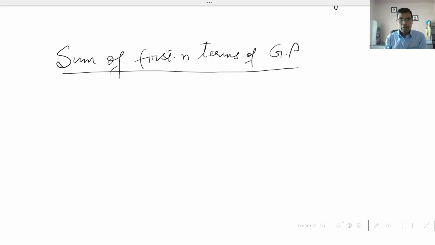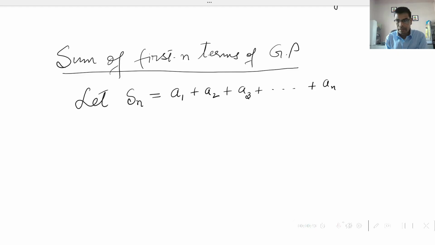Next, let us see how to find the sum of the first n terms of a GP in general. Let us denote the sum of the first n terms as Sn. So this is A1 plus A2 plus A3 up to the nth term.